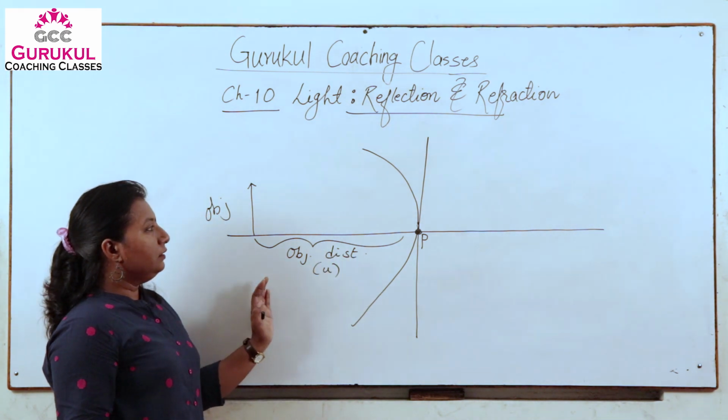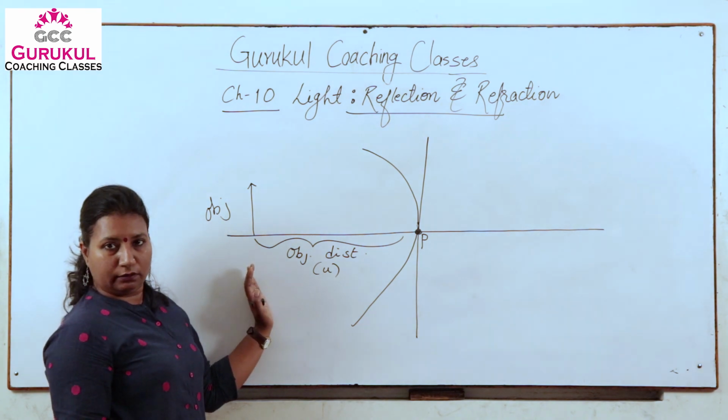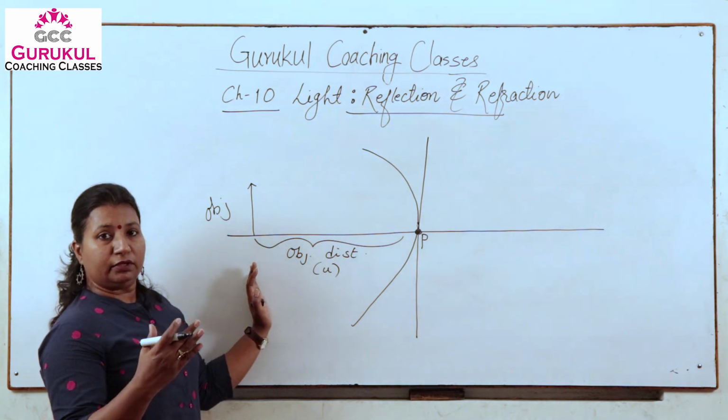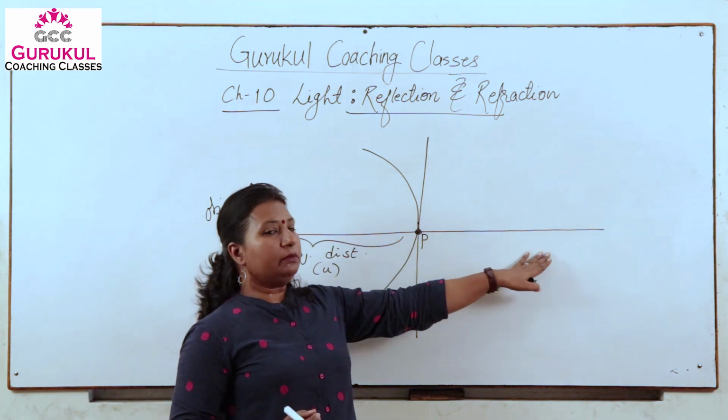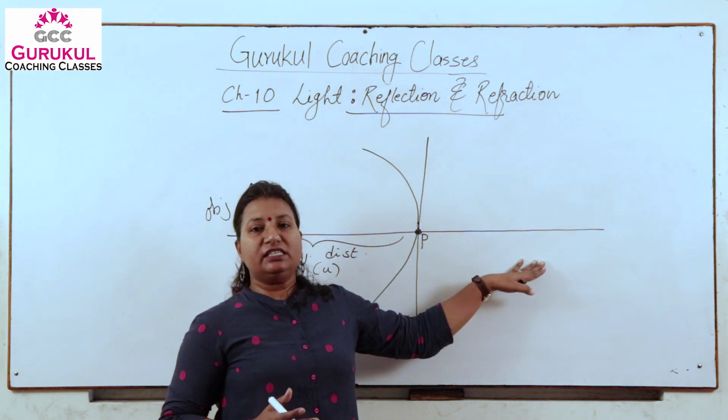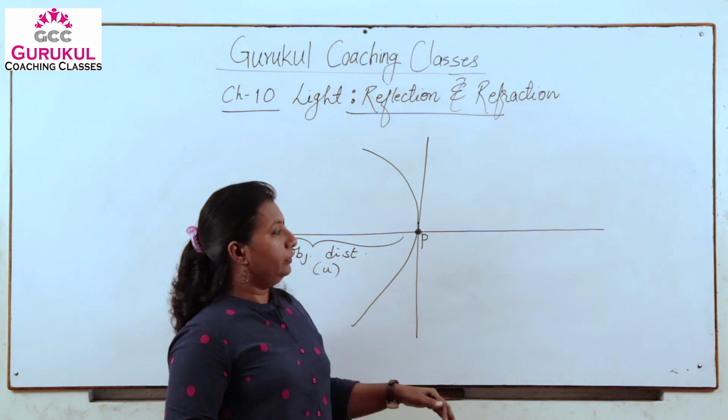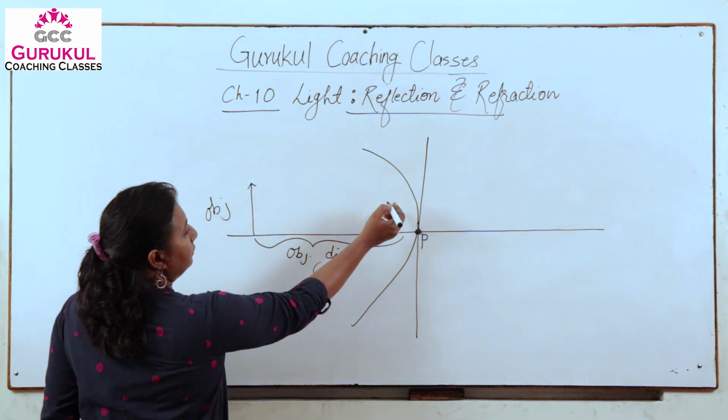Suppose we are getting the image on this side, then we will take our image distance as negative. And if we are getting the image on this side, then the image distance will be taken as positive.